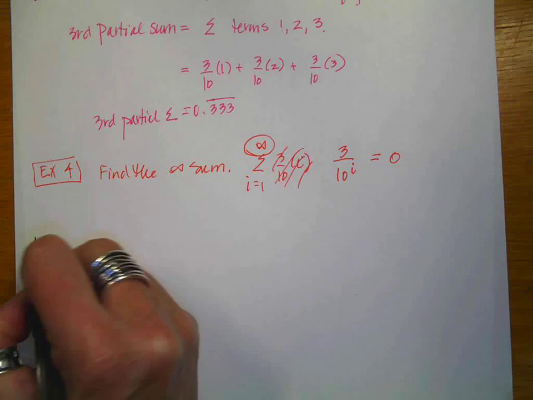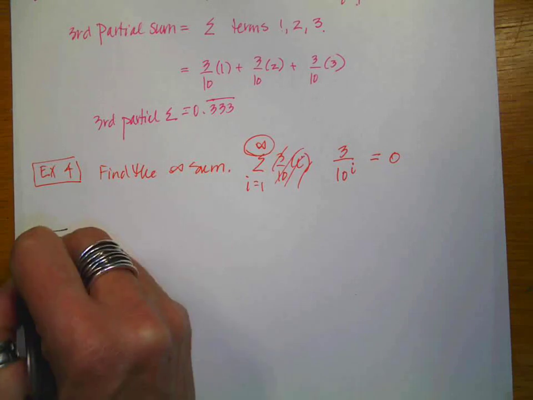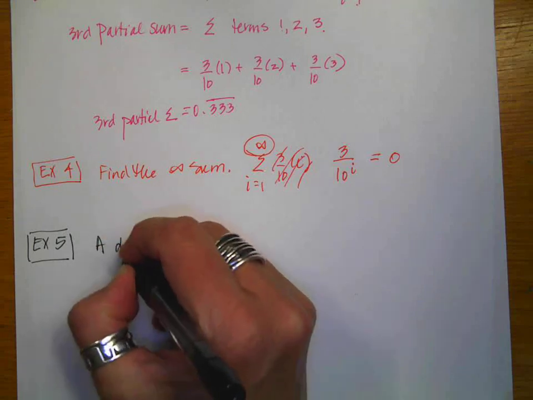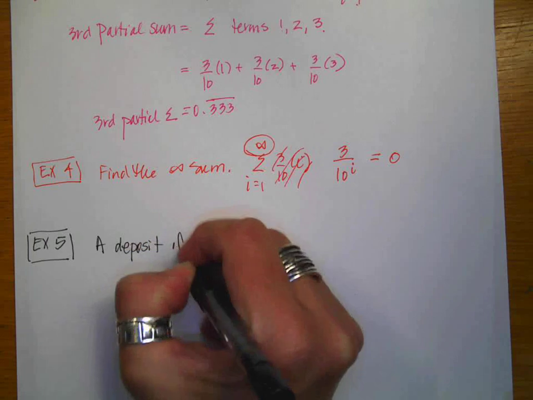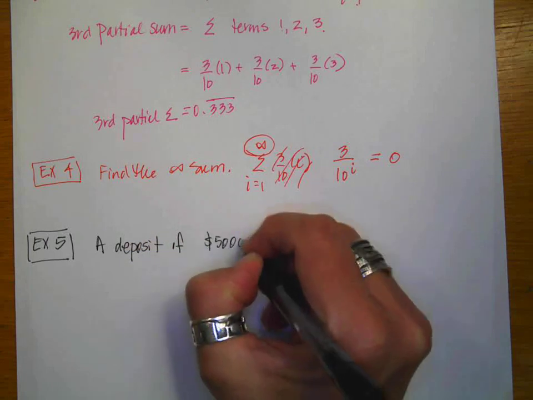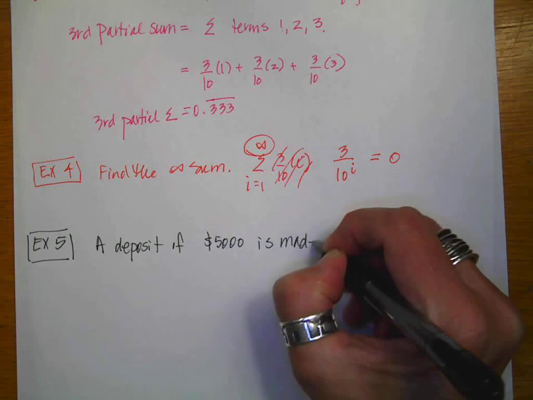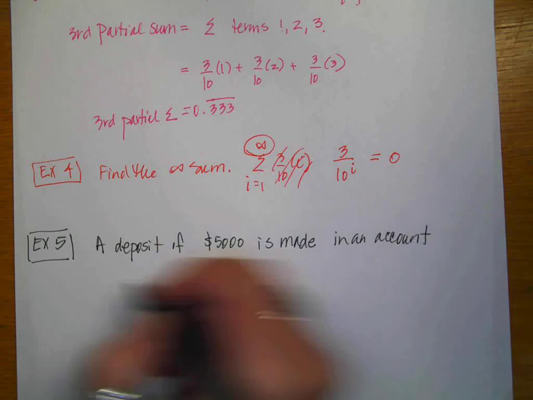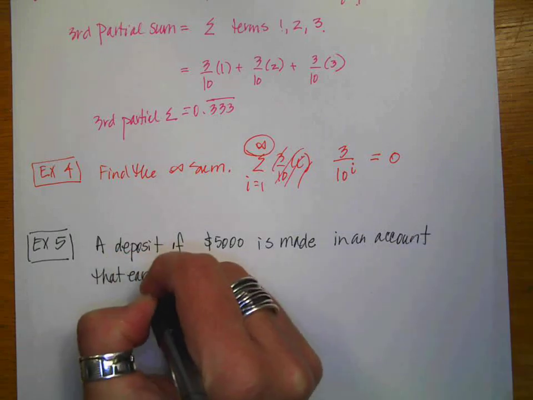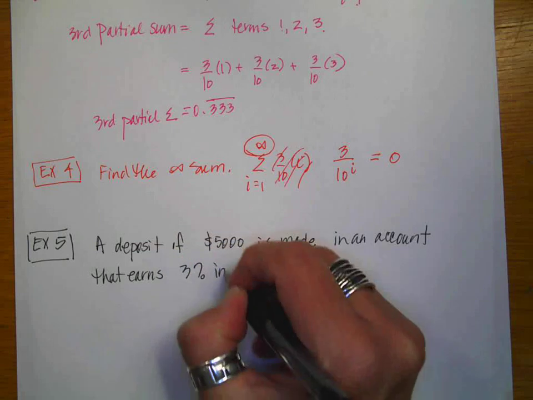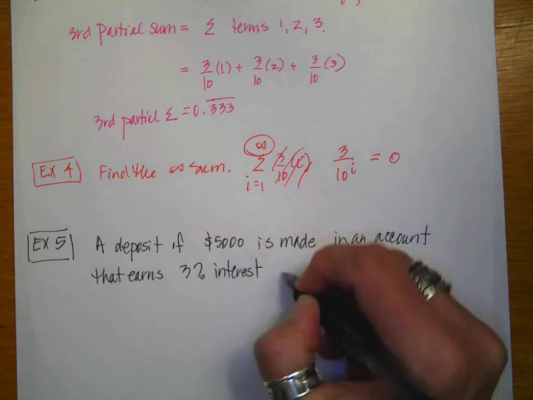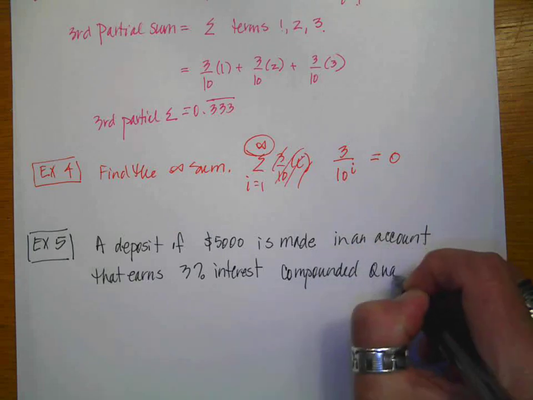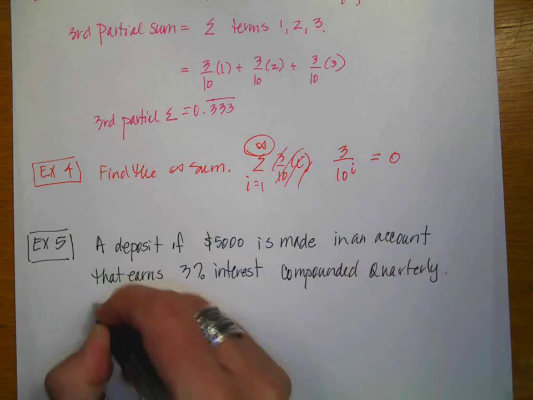All right, I have one last example for you, and it's an example of a sequence and series, and I'm using it to figure out money. Okay, so I have a deposit of $5,000, and it's going to be made in an account that earns 3% interest compounded quarterly.